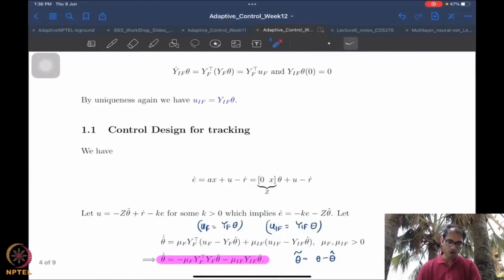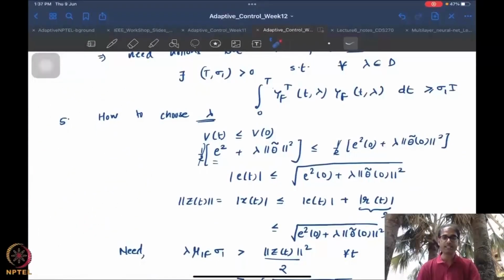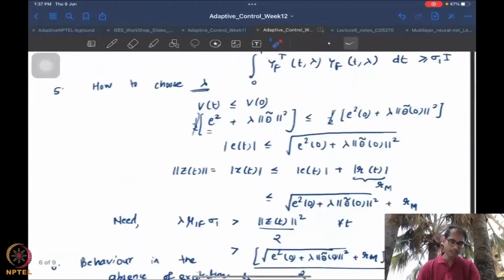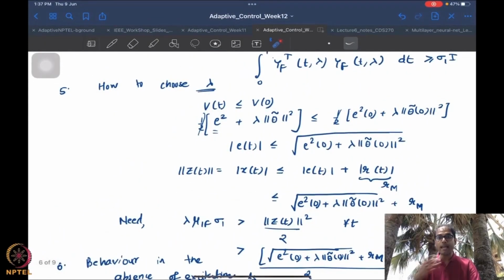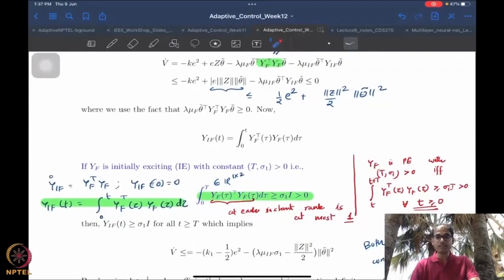But on top of that, there are some things that may still be a little bit complicated, especially the choice of lambda, and what happens in the absence of this initial excitation. In the absence of persistence excitation, you still know that you get tracking convergence, zero tracking errors. In this case, it is not very clear whether such a thing is happening.